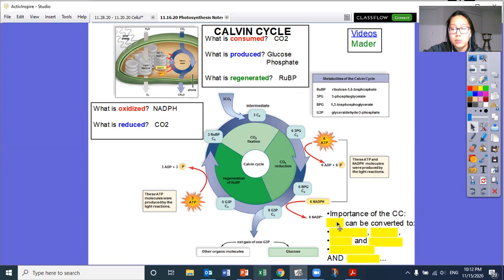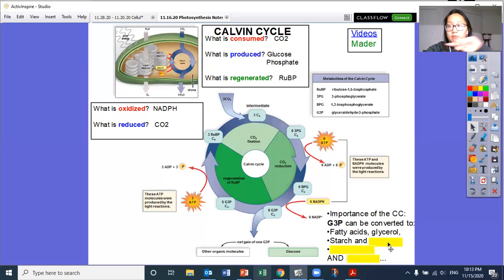The importance of the Calvin cycle is that G3P can be converted into a lot of things. As I said just now, it can be converted into glucose or other organic molecules that require carbon. So we have fatty acids, and we have glycerol, which is part of fats, or lipids.